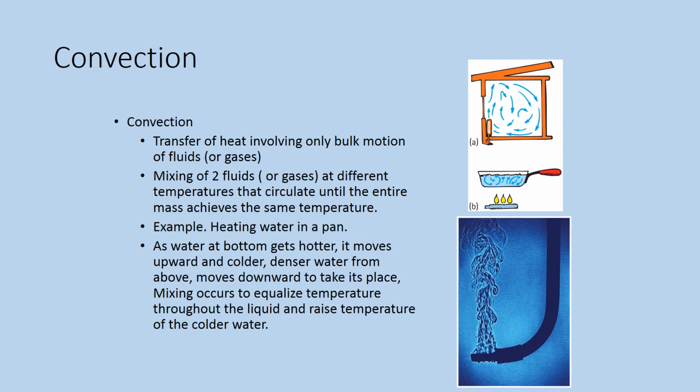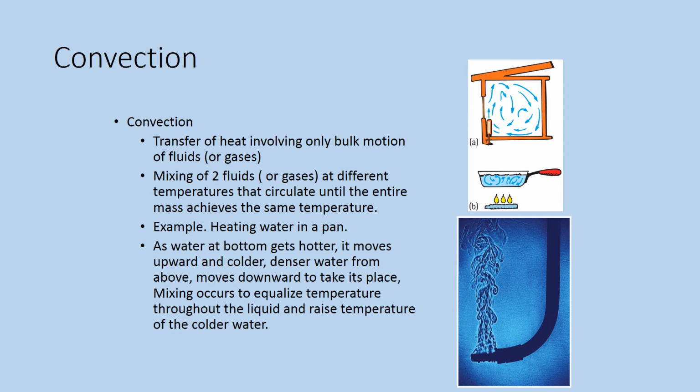And that mixing can occur either by forcing the water in the bottom, such as stirring it to mix with the colder water, or there could be natural processes where the hotter water at the bottom is naturally going to rise to the top because it's less dense, and the colder water, which is more dense, falls to the bottom.